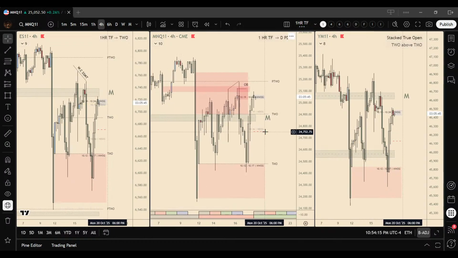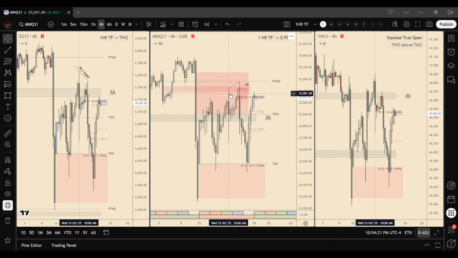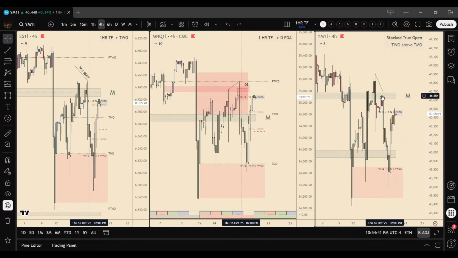Okay. What else do we got going on here? You have this also happening above the current month's opening gap. Check this out right here.